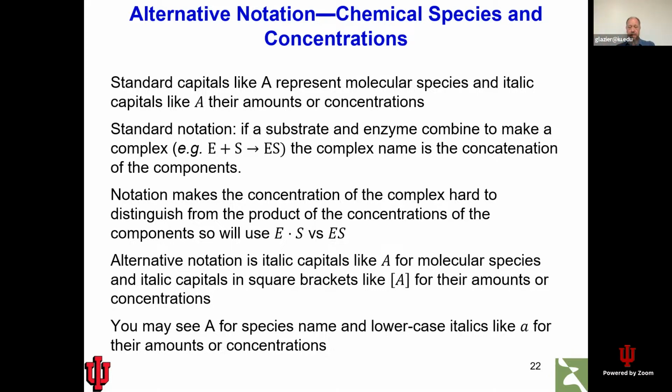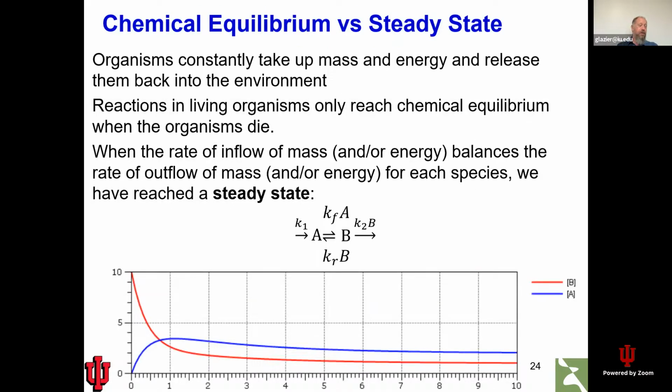But you'll certainly see that as well. And occasionally people will use lowercase italics for the concentration, but the uppercase is typically for the species. Again, Herbert's textbook tends to be pretty consistent about these things. Early editions were not. He's worked hard to try to make it consistent, but in the literature, it's not always consistent.